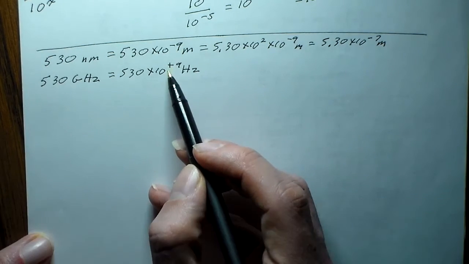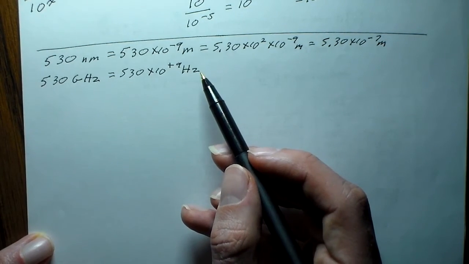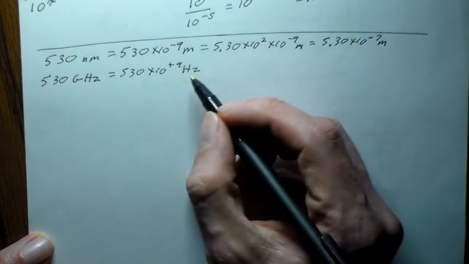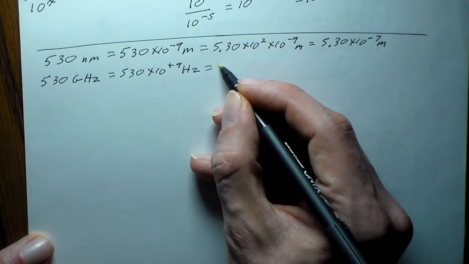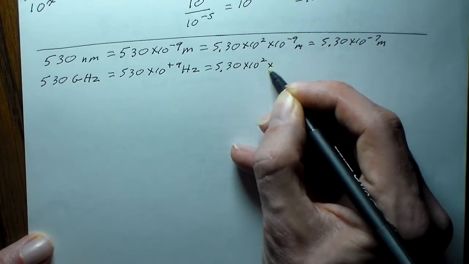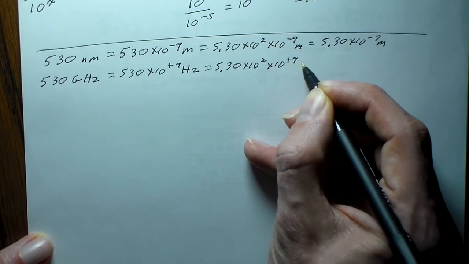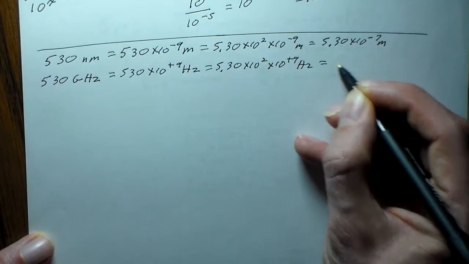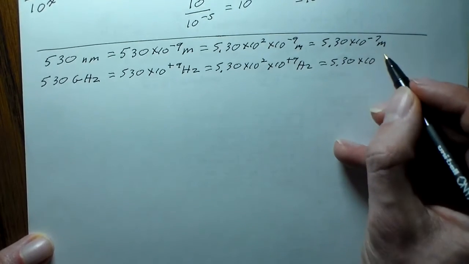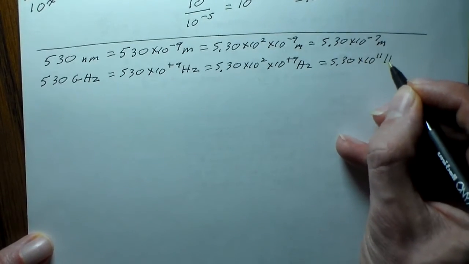This is negative 9, this is plus 9. They look very similar, and you may think, okay, I'm just going to treat this exactly the same, but you have to be careful here, because this is going to be 5.30 times 10 to the 2 times 10 to the plus 9 hertz, which is going to be 5.30 times 10 to the 11th hertz.